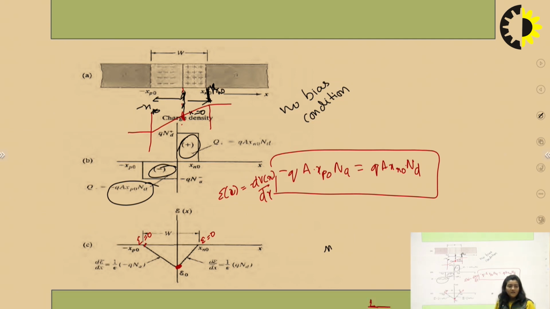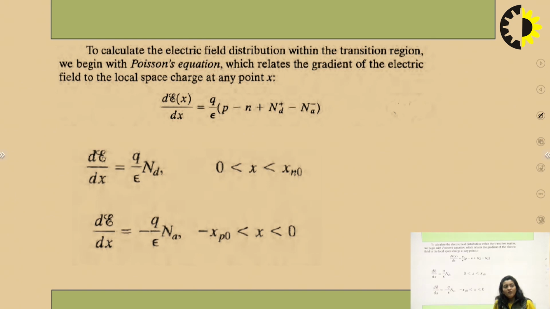If you want to calculate the electric field distribution in this region, we use the Poisson equation, which is d epsilon x by dx, the change of the electric field with respect to the distance, equals q by epsilon times (p minus n plus Nd minus Na). Here p is the hole concentration, n is the electron concentration, Nd is the donor ions, and Na is the acceptor ions.